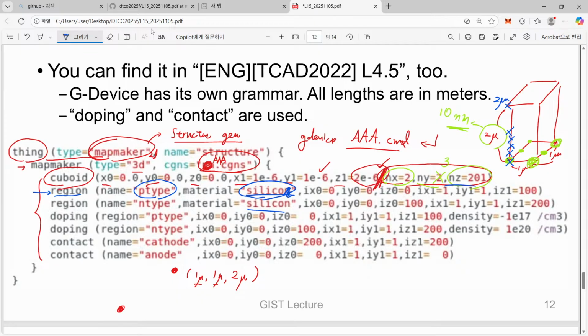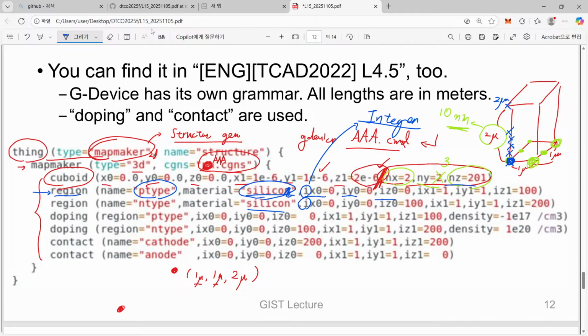And also you can find here the numbers starting with i. This i means that these are integers in this grammar. So you must specify the index of your point. Please have a look at this one. ix0, iy0, iz0 means the index of your first point. This corresponds to this one.